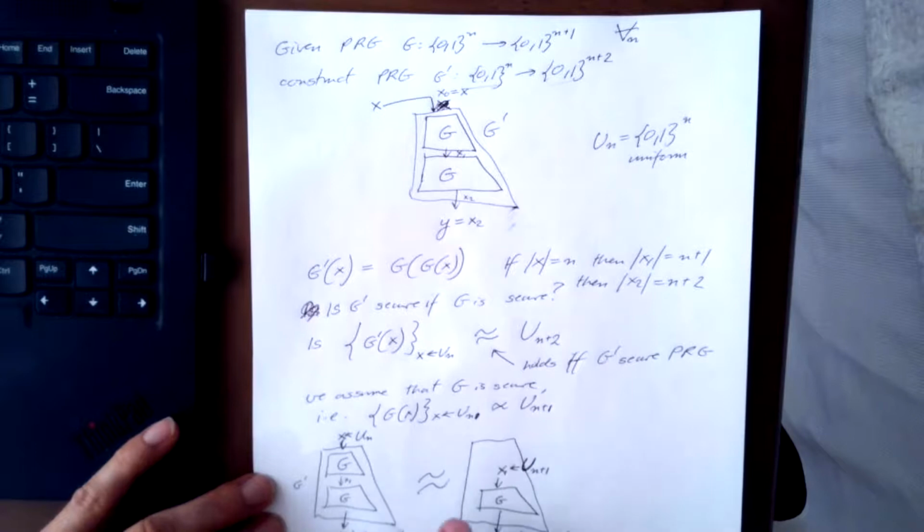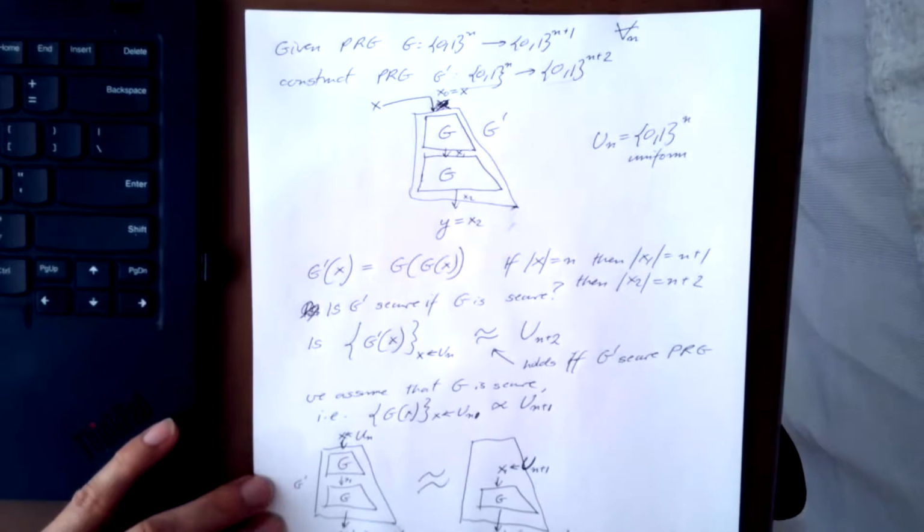The reason these two are indistinguishable is that if some attacker distinguished these two distributions, then he would distinguish this distribution from this distribution. So if there exists an attacker that distinguishes this from that, then there exists a reduction that would distinguish this from that. Why is that?